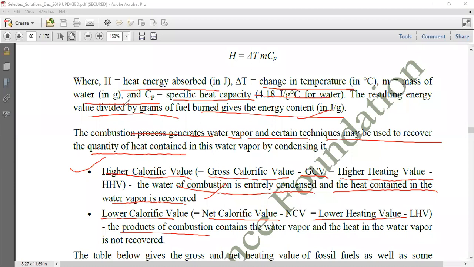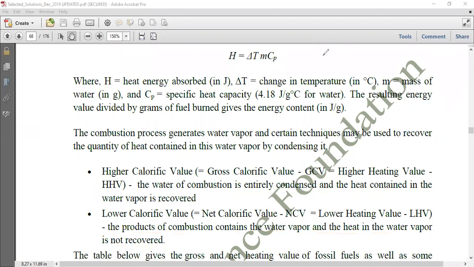The products of combustion contain the water vapor and the heat in the water vapor is not recovered, means it is not counted. So you can say that the lower heating value or net calorific value NCV is equal to gross calorific value minus the heat which is recovered in the form of water vapor. So that could be a correlation between these two.